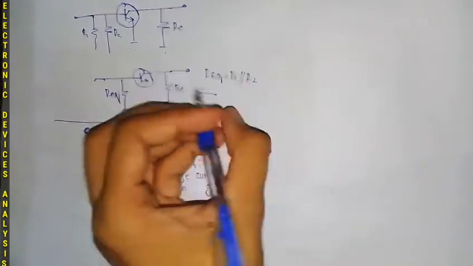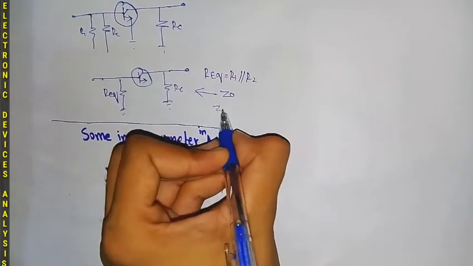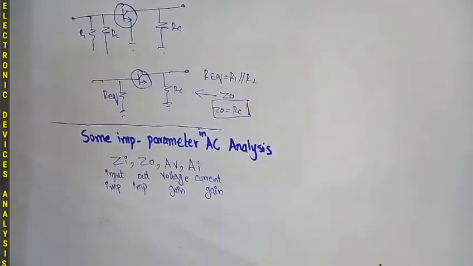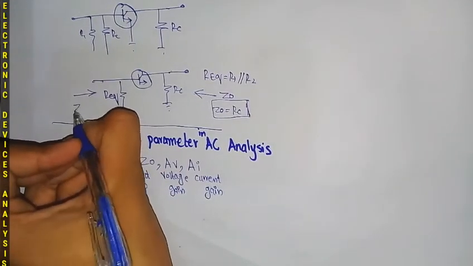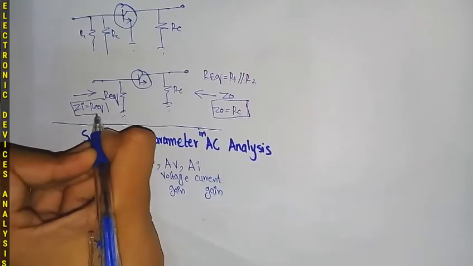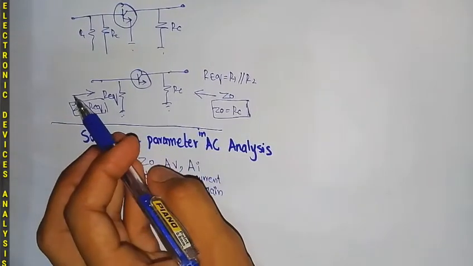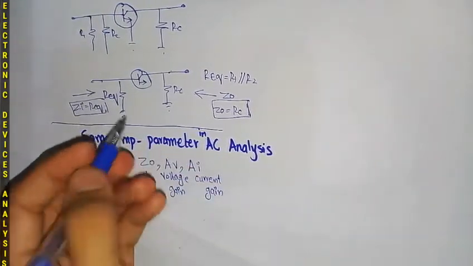From here you can find ZO, the output impedance, and here the output impedance will be equal to RC. And here you can see the input impedance, and input impedance will be equal to R equivalent. And here you can find the voltage gain or the current gain if the AC source is present over there and this AC source has any value.